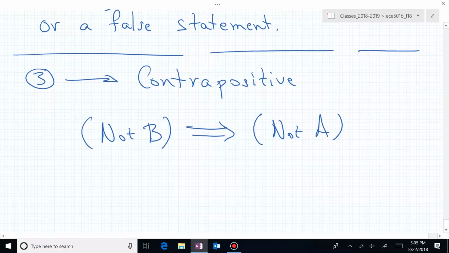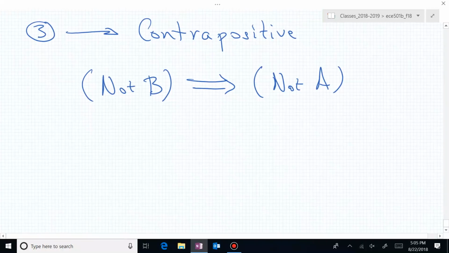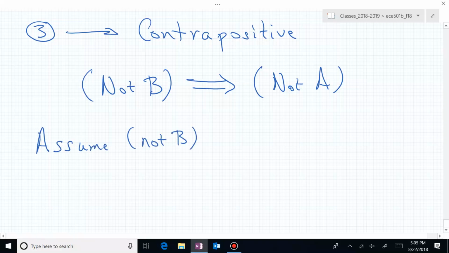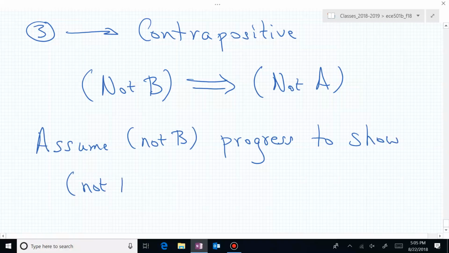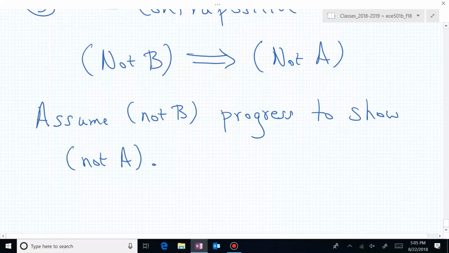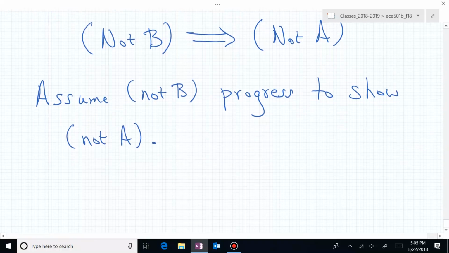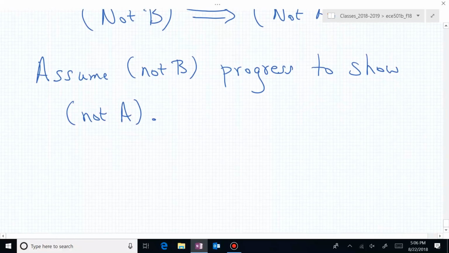So in the contrapositive strategy for proving, you assume not B, and you progress to show logically that that leads to not A. And you don't even have to go back as far as your 2-year-old hat.